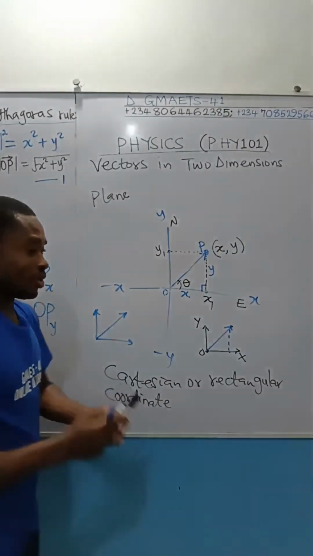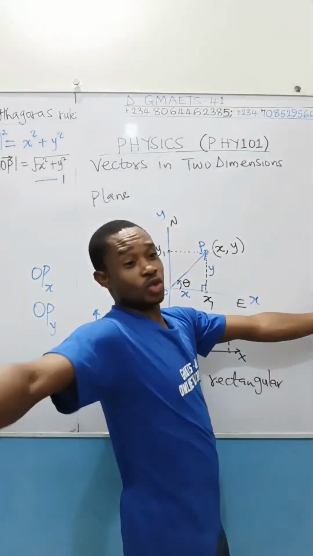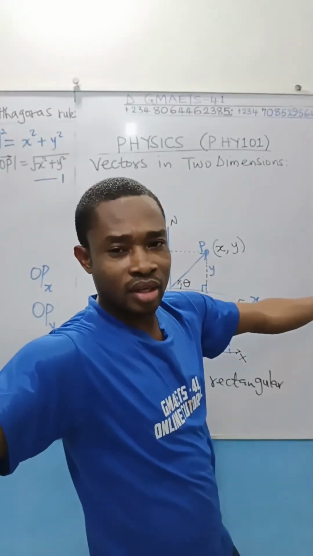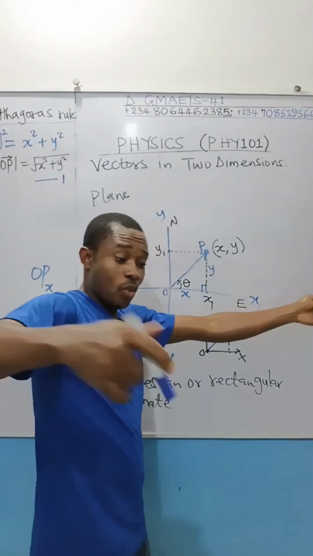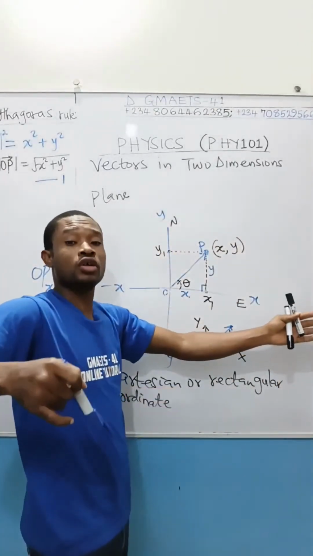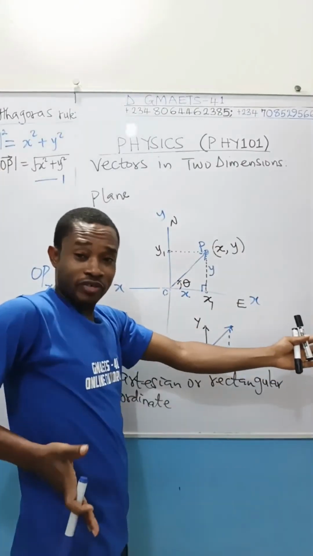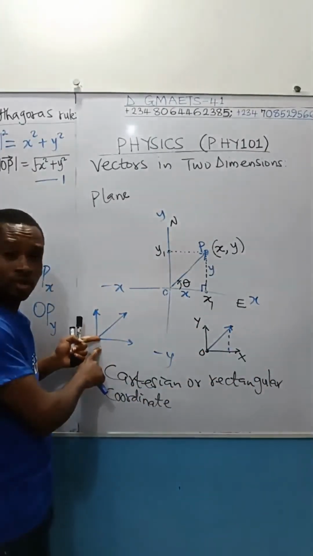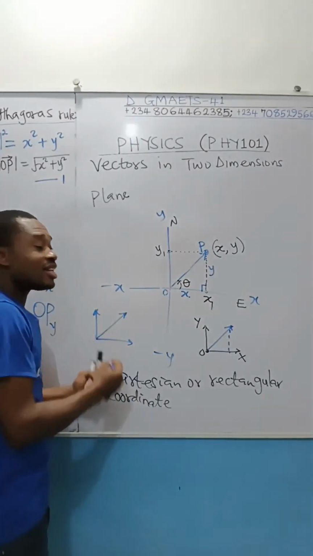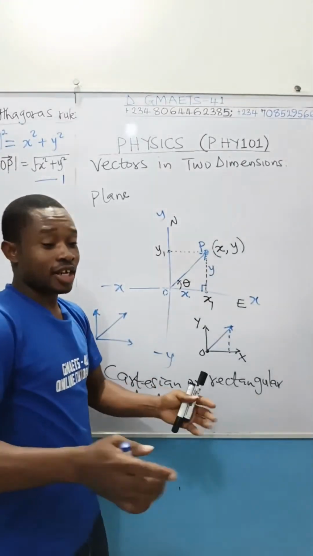So one vector is going this way, another vector is going this way. Which direction will it take? That is why we have to bring the resultant, which is the diagonal drawn from the point of intersection of the two vectors. So it is the direction of this diagonal, this resultant, that will now determine the direction of the two vectors.